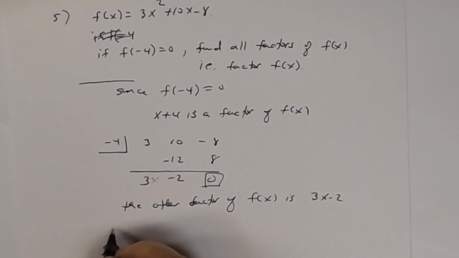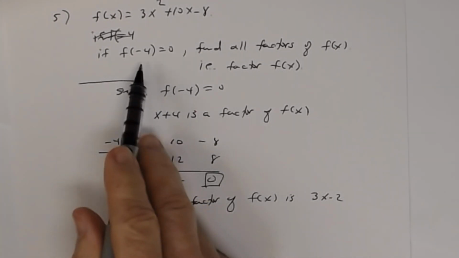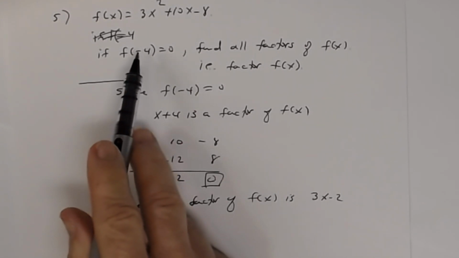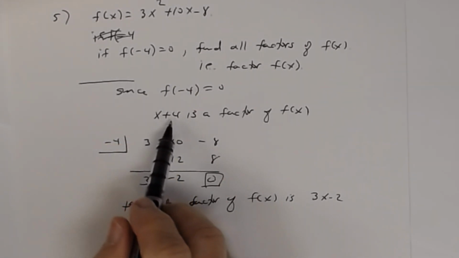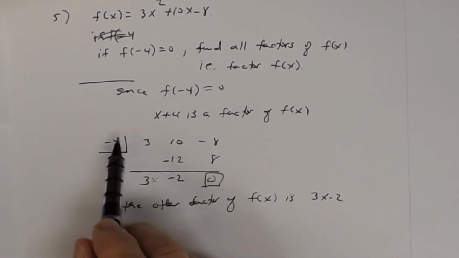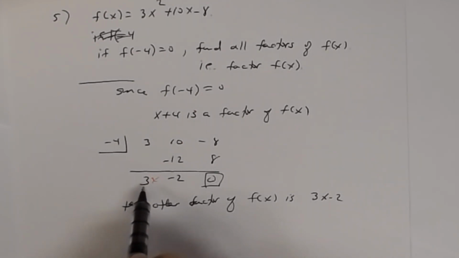All right, so I found the two factors. One of them is x plus 4, given the fact that f of negative 4 is 0, so one of the factors must be x plus 4. So I use this information to use synthetic division, and so then I have the other factor. These are the coefficients of the other factor, okay?